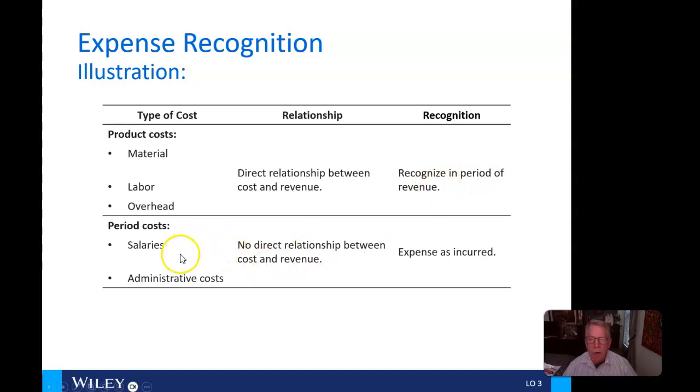But period costs, we're going to recognize in the period in which those expenses are incurred. So my salary, for example, as the CFO, would have been a period cost, whereas there may be some delay in recognizing revenue with all this labor, material, and overhead. It's not going to get recognized in cost of goods sold until that product is actually shipped.